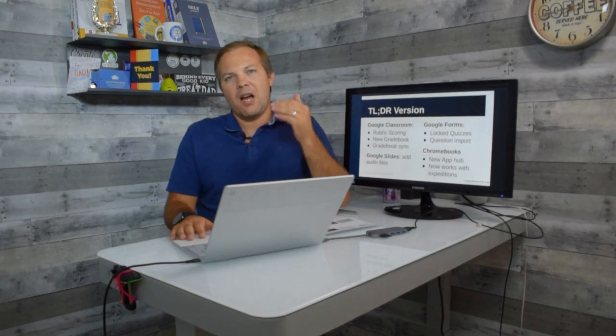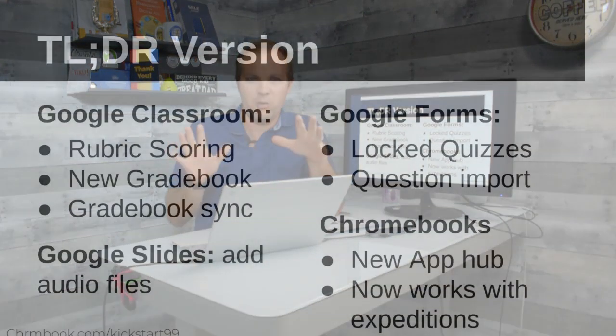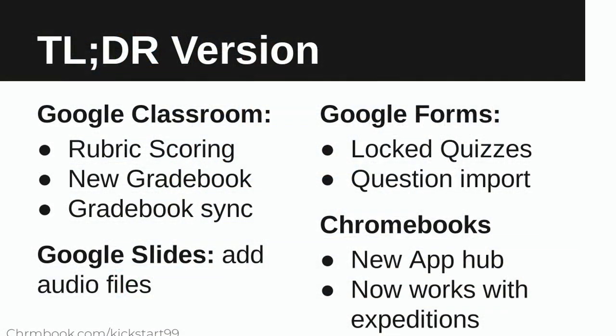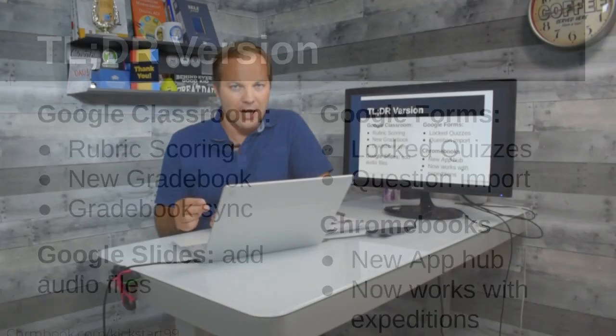Now, this webinar is going to cover 8 big product updates from Google. This is the TLDR, too long didn't read version. So if you're not sure if this is going to be useful or not, this is what we're going to talk about. First of all, we're going to talk about some Google Classroom updates, 3 of them specifically. We're going to be talking about the new Rubric scoring feature, a new Gradebook update, and then I'll give you as much information as I know on the new Gradebook sync option.